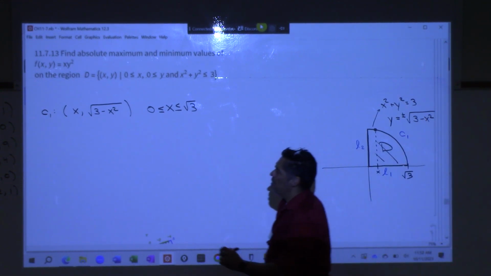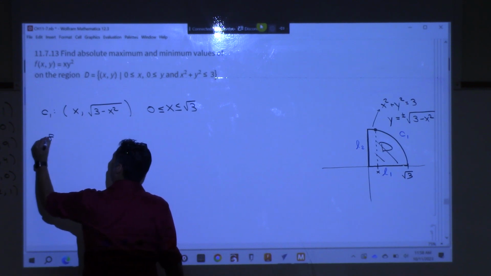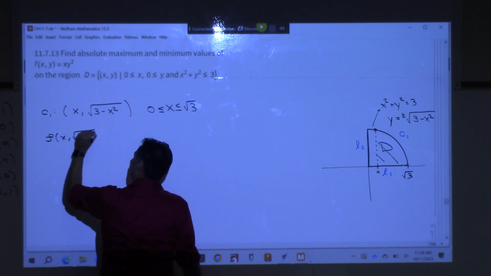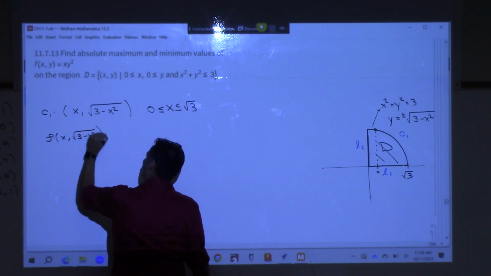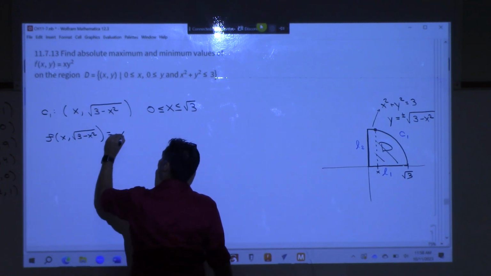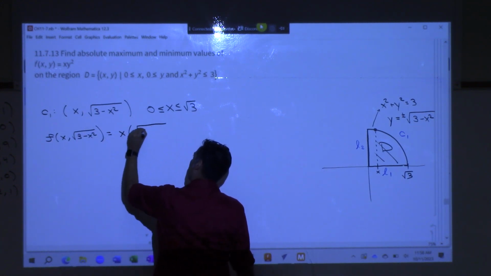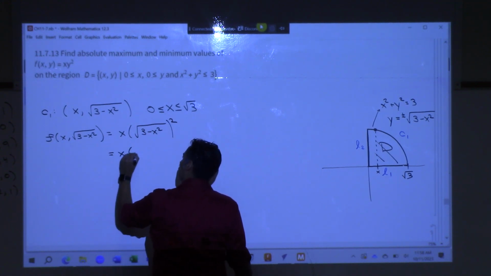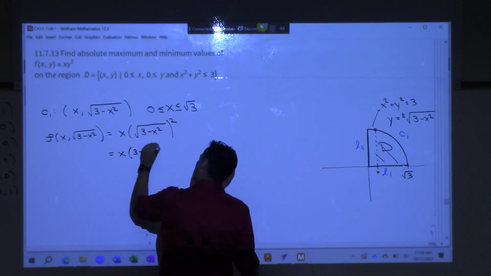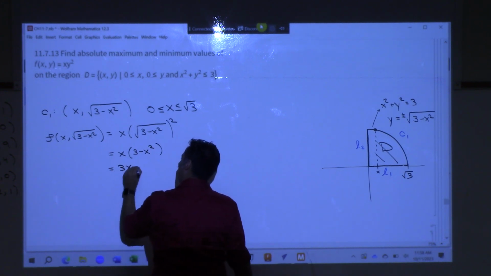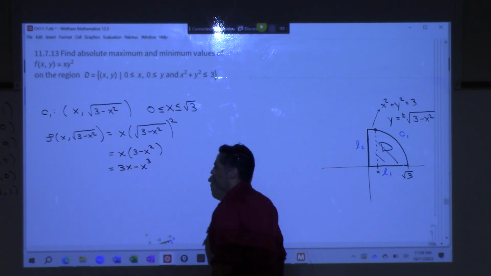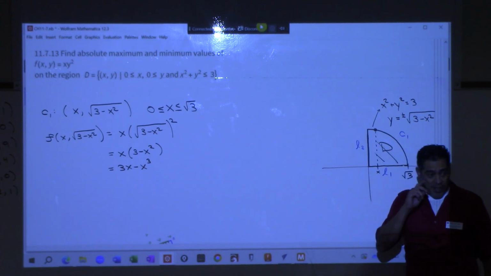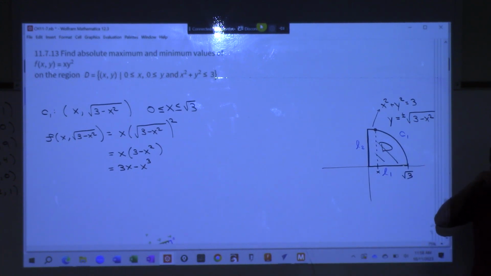Now, what does my function do when I plug that in? 3x minus x cubed. Yeah, thank goodness, right? Thank goodness it's going to be x, and then I take the square root of 3 minus x squared, and I square it, and that just makes it x, and then 3 minus x squared, and that's 3x minus x cubed. That's not linear. So I'm going to have to take the derivative and do all that stuff.